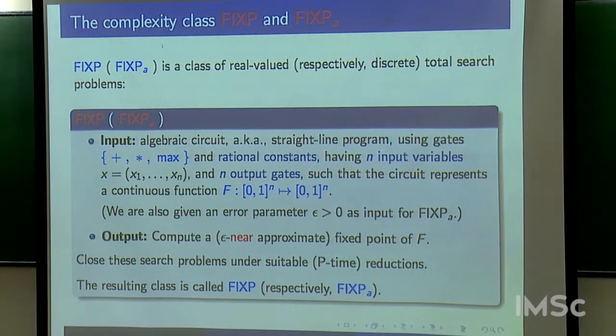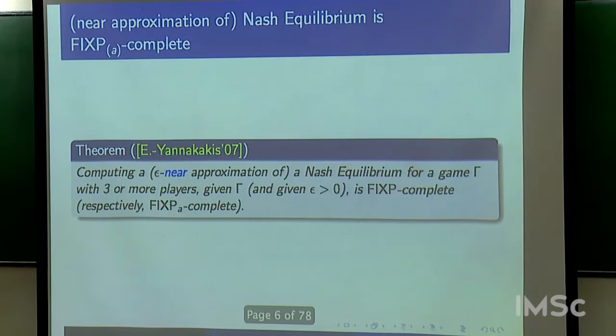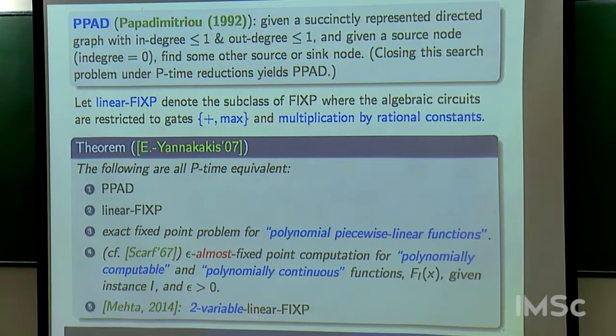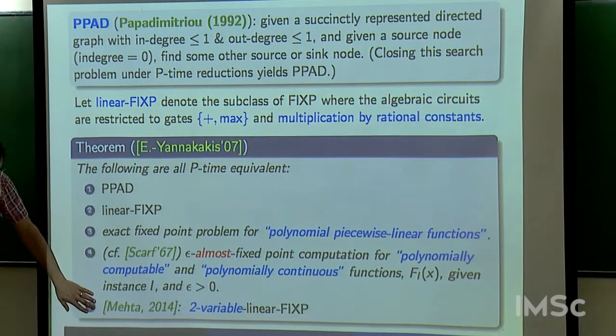What she's showing is that for linear FIXP, two variables suffice, okay? At the end of the talk, I might mention that for me, it's a very intriguing question whether it's conceivable that for all of FIXP, a bounded number of variables might suffice, but that's a whole different can of worms, and you can ask me more about it at the end of the talk, okay?